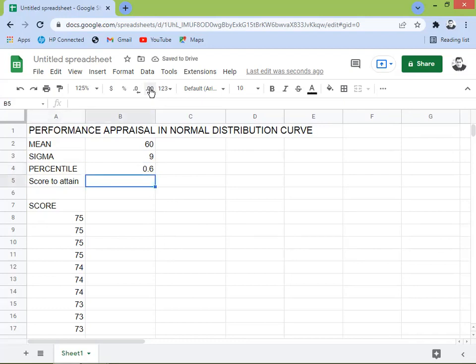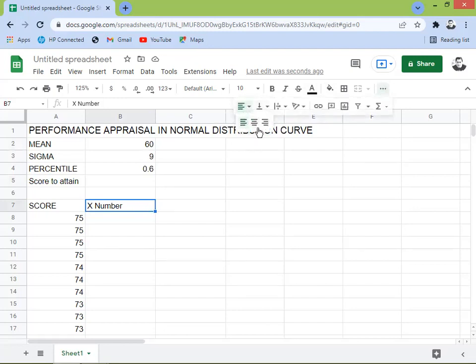Then what I'm gonna do is get the X numbers first. I'm gonna put it in the middle, just get the alignment here in the middle, center, right? Then, so the lowest number is 45 and the largest number is 75.